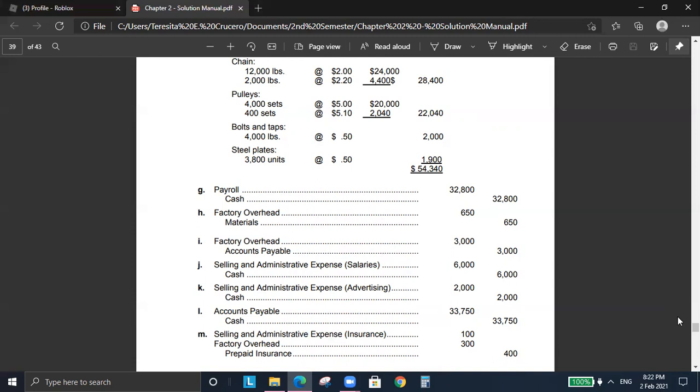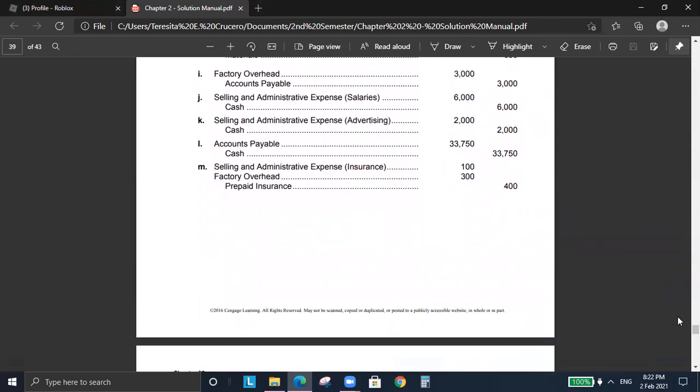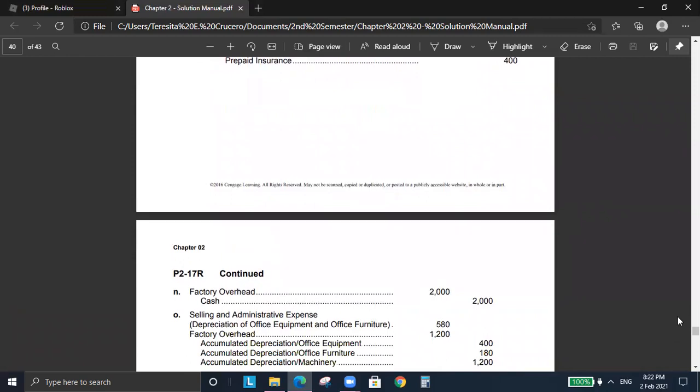This is actually an administrative expense. So we debit 100. Debit factory overhead for the expired insurance on factory machinery and credit prepaid insurance. Then letter N, we debit factory overhead, credit cash for factory rent paid.